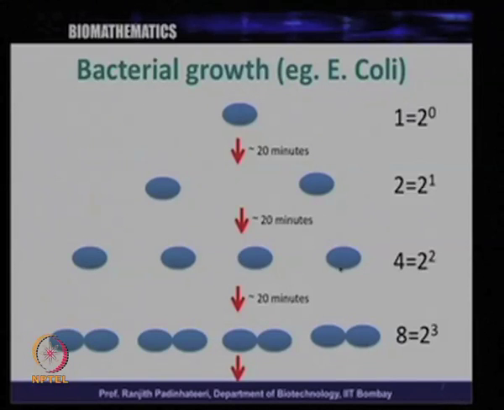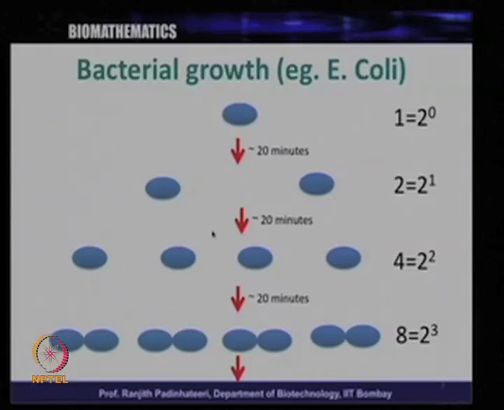In the third generation, you have 2 power 3 bacteria: each of these 4 divides into 2, so you have a total of 8 bacteria, which is 2 power 3 equal to 8.